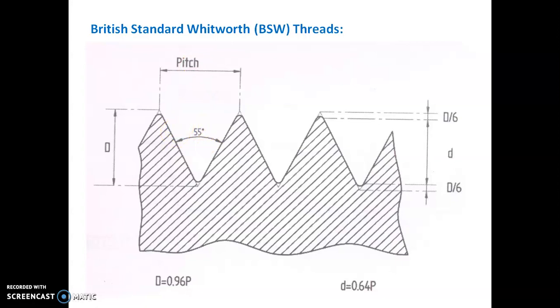BSW threads. Here the depth of the thread is denoted by capital D. This capital D is nothing but the depth of the thread.